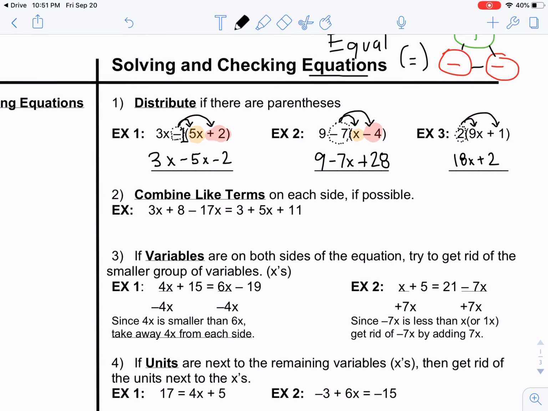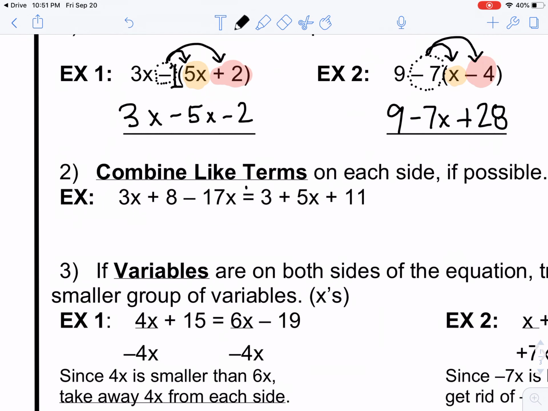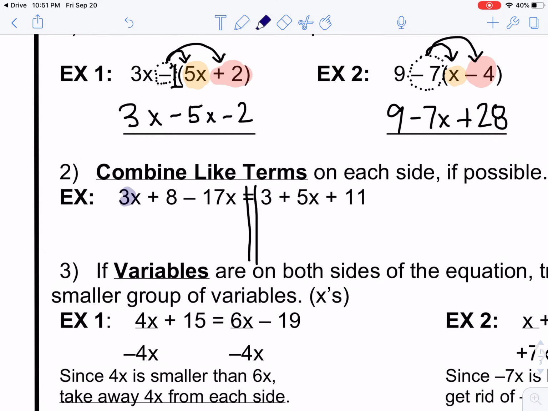So what I'd like you to do every time is to draw two lines just representing an equal sign, and now we know that when we're talking about each side, we're talking about each side of the equal sign. So what we're going to do is highlight like terms.